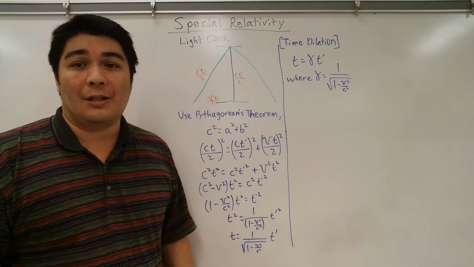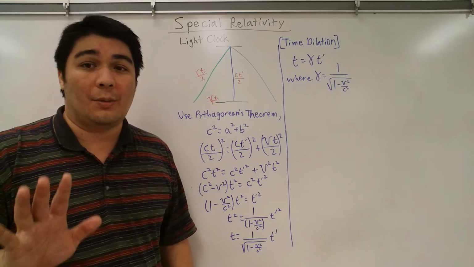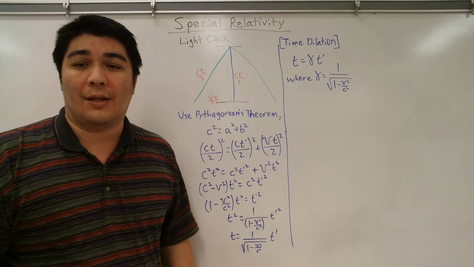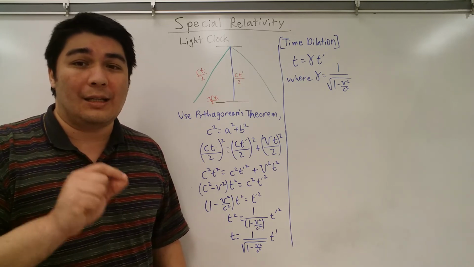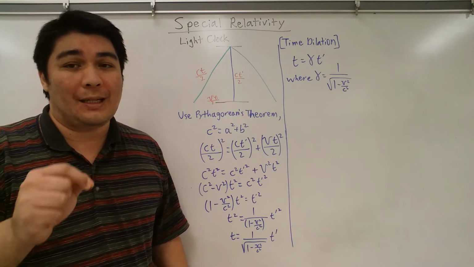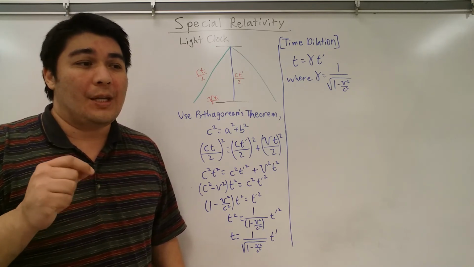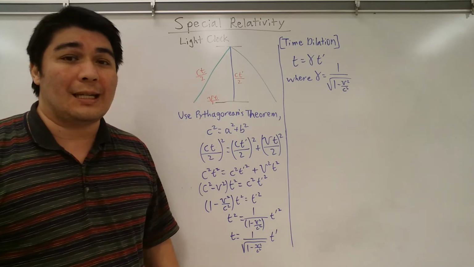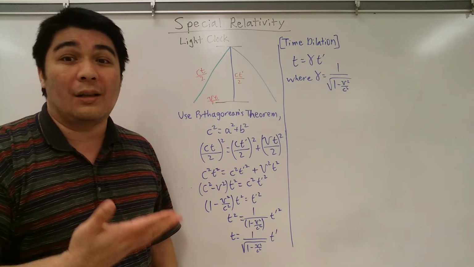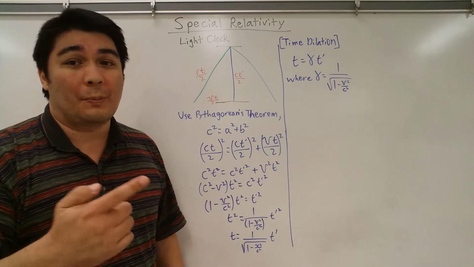One of the postulates that Einstein built all of special relativity and even general relativity on is that the speed of light is the fixed quantity in the universe. Because of that postulate, he built everything from there, and this is one of the consequences of it, which means that time can flow a little bit differently based on your perspective.